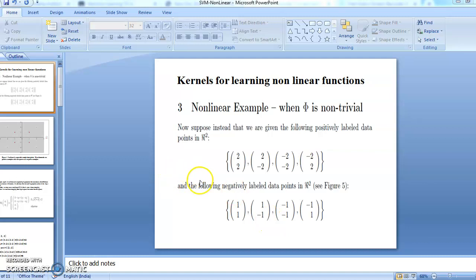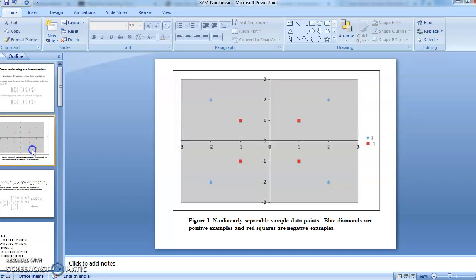The first step is to plot these points in the x and y coordinates, that is in 2 dimensions. Here if we plot the graph: (1, 1), (1, -1), (-1, 1) and (-1, -1). Similarly (2, 2), (2, -2), (-2, -2) and (-2, 2).